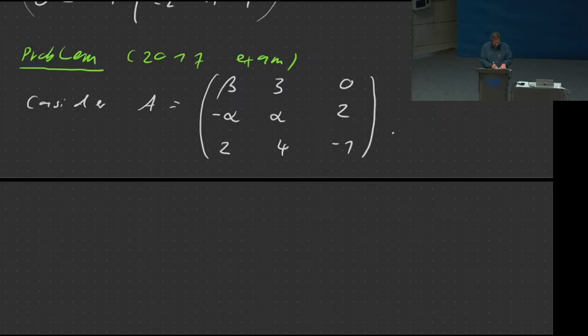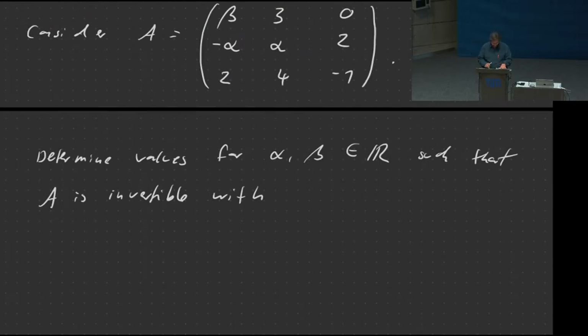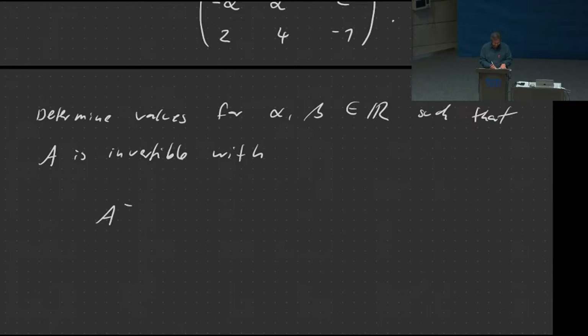And your task is to determine values for those parameters, for alpha and beta in the reals, such that A is invertible, with, and I'll give you the inverse matrix I want.